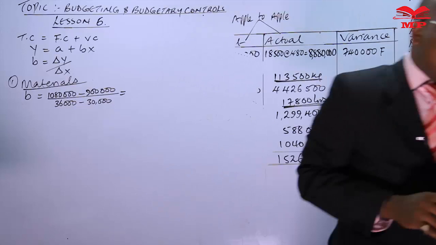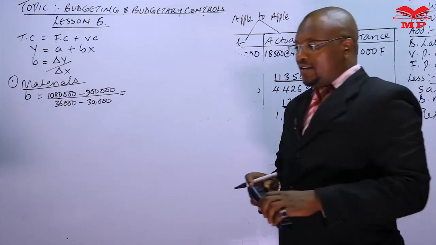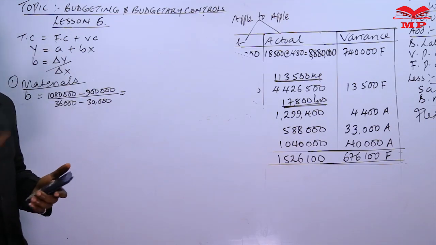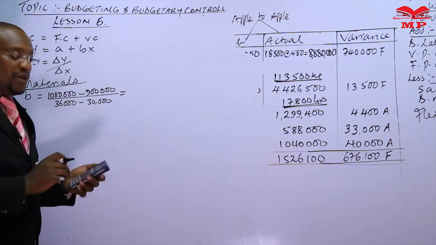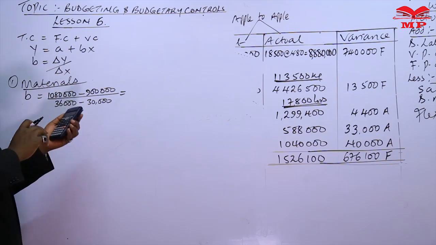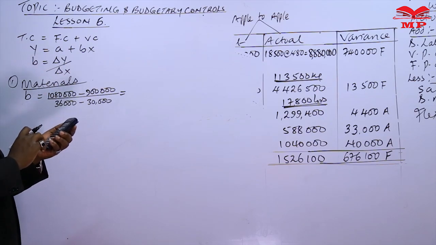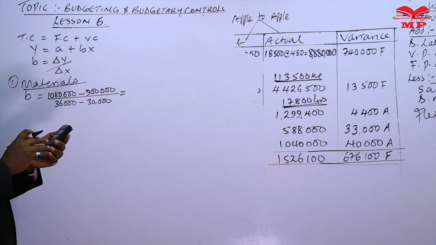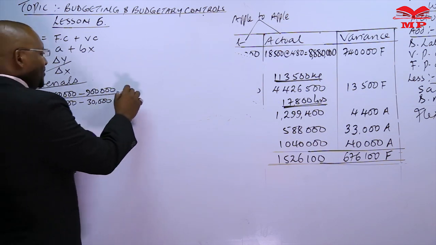And I have chosen the higher and the lower. I do not consider the mid-level of 33,000. So this will be enough and will give us what we want. So the numerator is 1,080,000 minus 900,000. Then I divide by the denominator, which is the difference of 6,000. So divided by 6, this will give us 30.